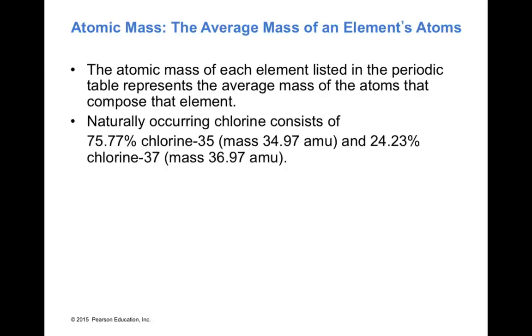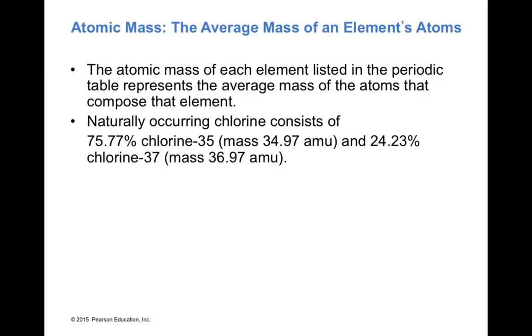For example, chlorine consists of 75.77% chlorine 35, which has a mass of 34.97 atomic mass units, and 24.23% chlorine 37, with a mass of 36.97. So the element chlorine has 2 different isotopes, chlorine 35 and chlorine 37, each with a specific percent natural abundance and atomic mass.